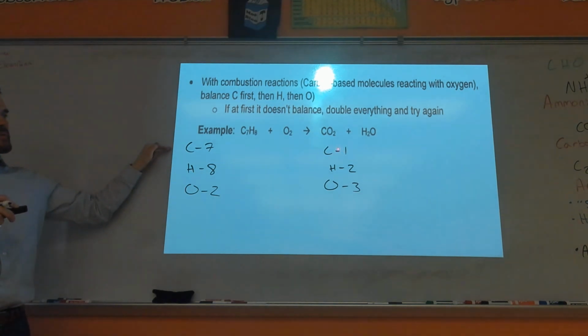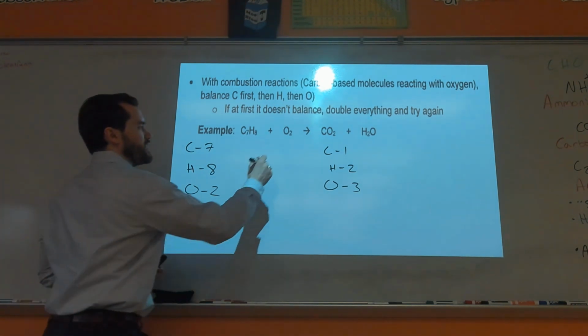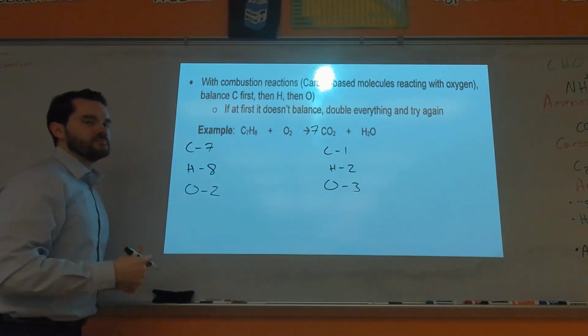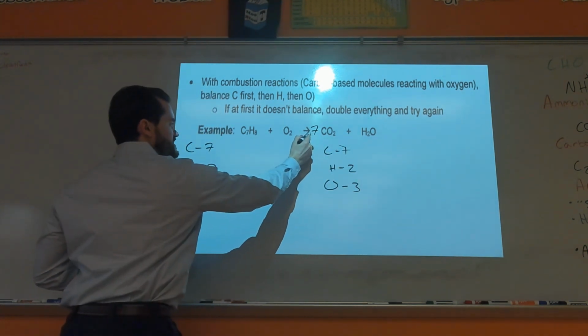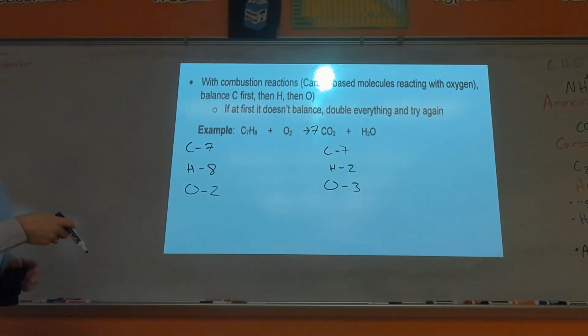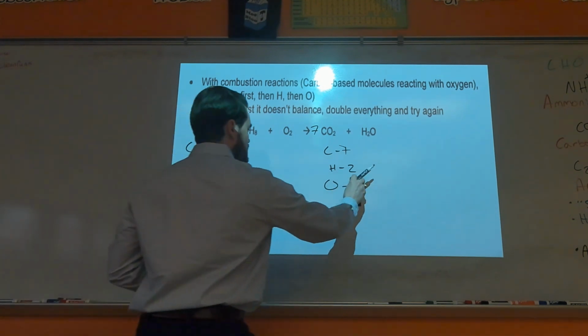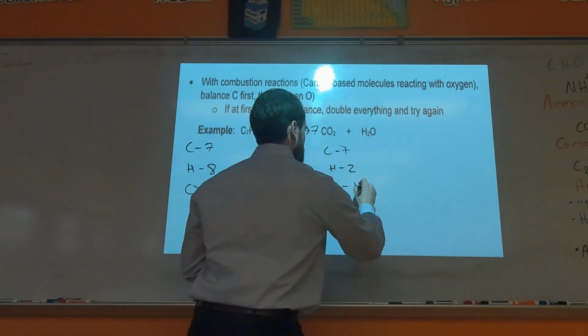To get my carbon to 7 in my products, I got to multiply carbon dioxide by 7. But then 7 times 2 would give me 14 plus 1, 15 oxygens in our products.